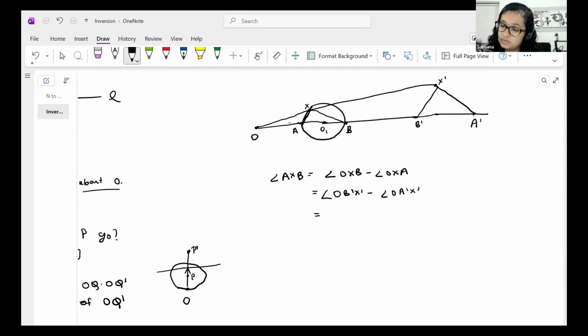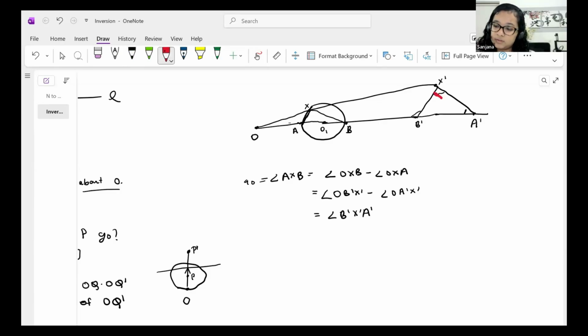So it's this angle minus this angle, and so that must be this angle over here. But we know this is 90, and therefore this must also be 90.